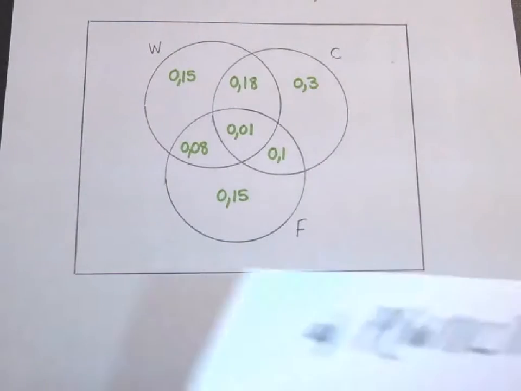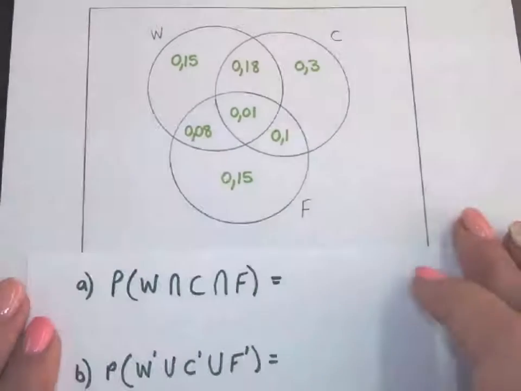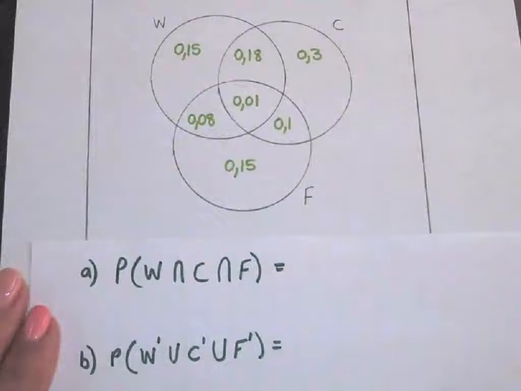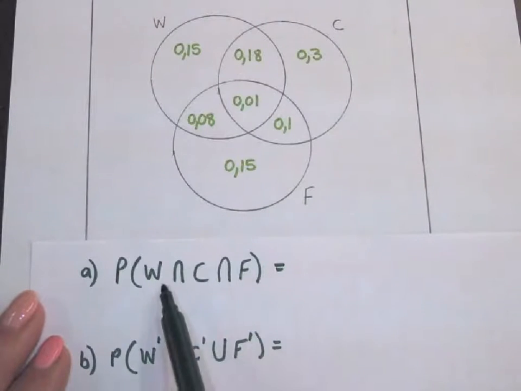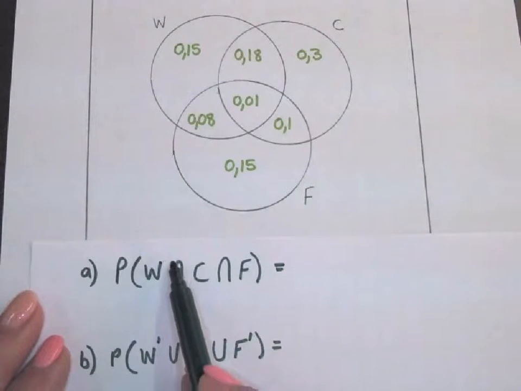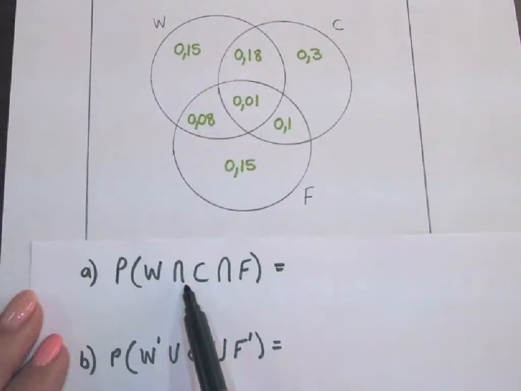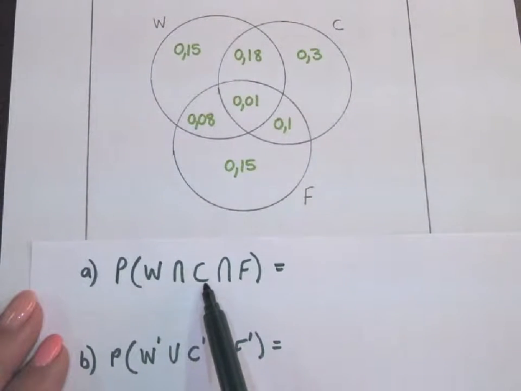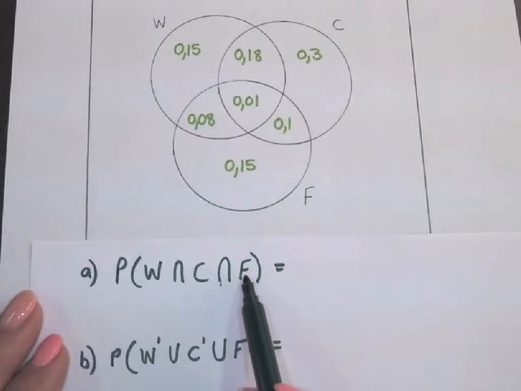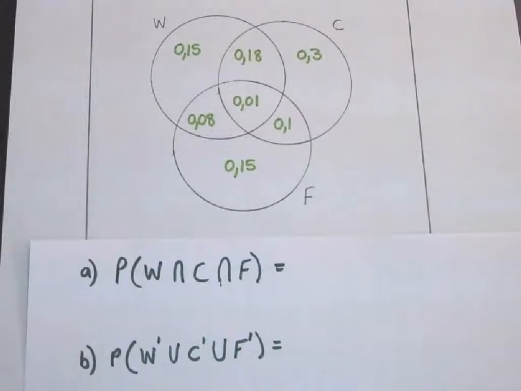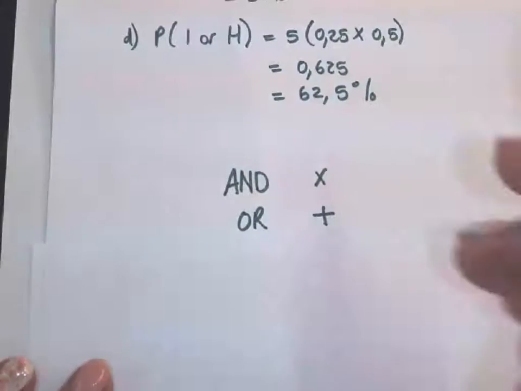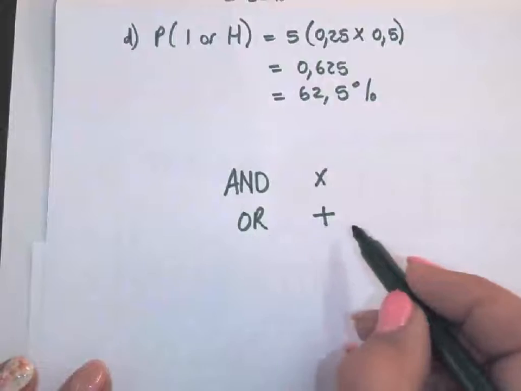Right, our first question is, determine the probability that a learner selected randomly will have a sweetie and, that's the sign for and, a chocolate and a fruit. So where you wrote this, and means multiply, or means plus.